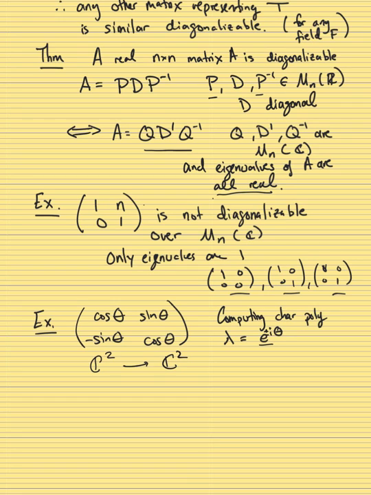So we know that this is similar to a matrix with e to the i theta and e to the minus i theta on the diagonal.